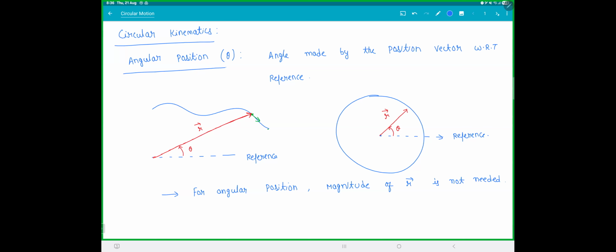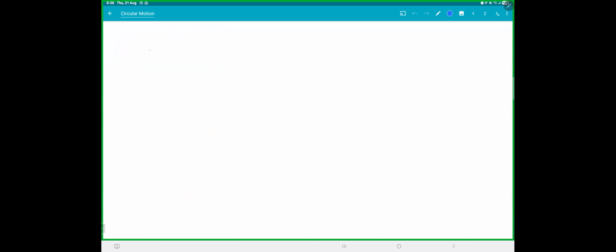Then how do you choose the direction here? Again, same thing. If you remember, we use the right hand thumb rule here. So we define something called angular displacement. If you remember, in vectors, we learned something called pseudo vectors. So delta theta bar will be theta final bar minus theta initial bar.